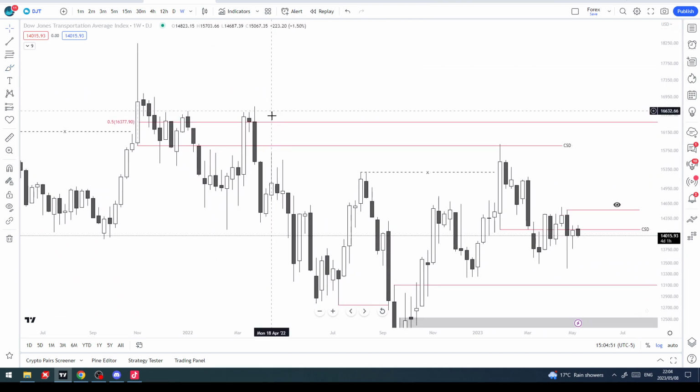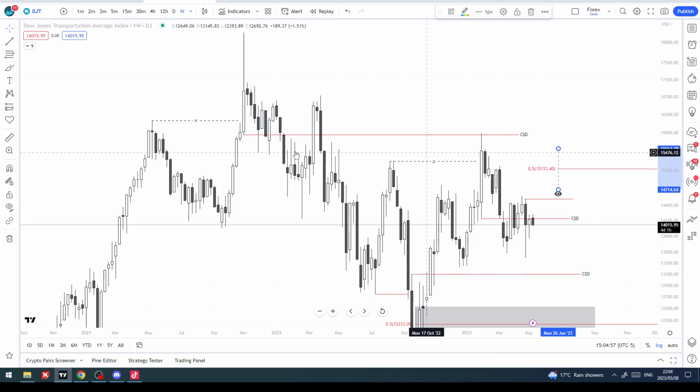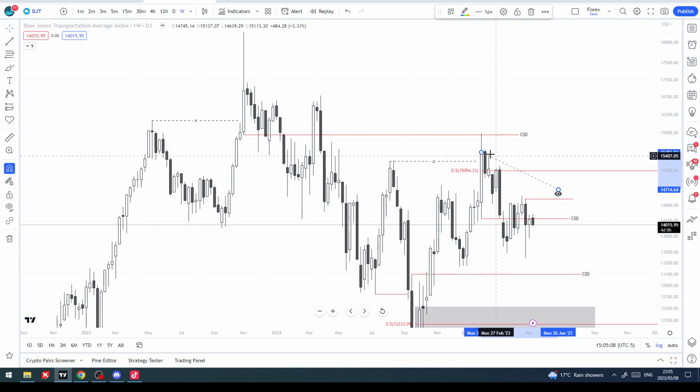Same story here. I can show you that a million times in other places. Just like we took 50% of that guy, there's the candle that took liquidity. There's the low, we marked it off as CSD. Let's take 50% of that guy, and you could see a move up to that level and then down.